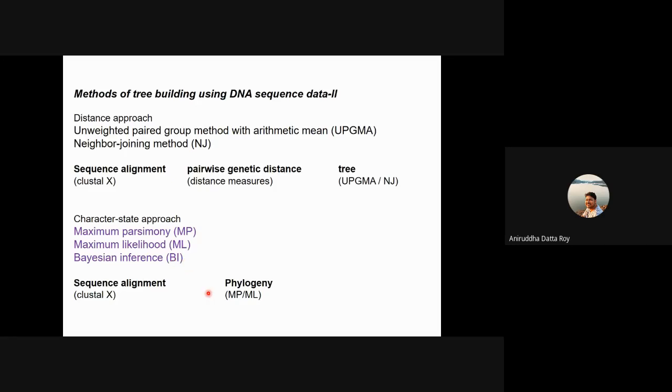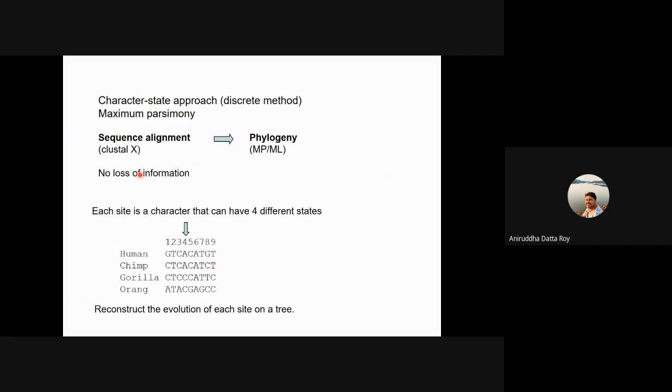And these are definitely far better than distance-based approach, because there is no intermediate step, right? So you're going from your sequence alignment directly to your phylogeny, right? So in a way, there is no loss of information.